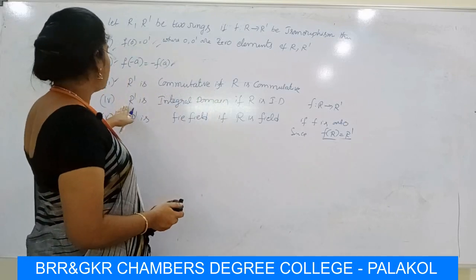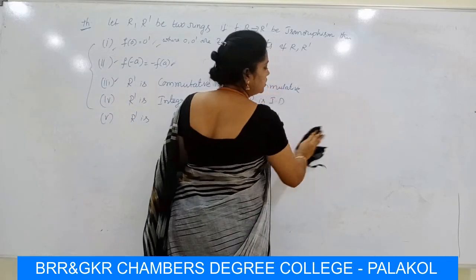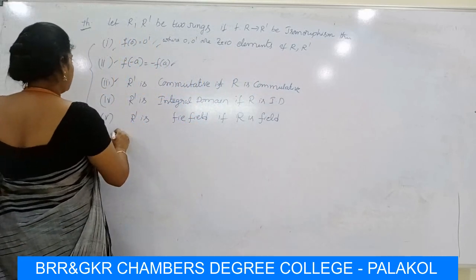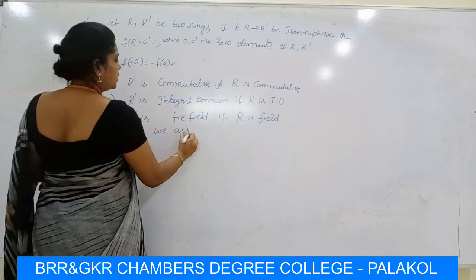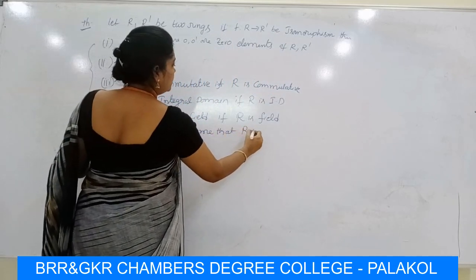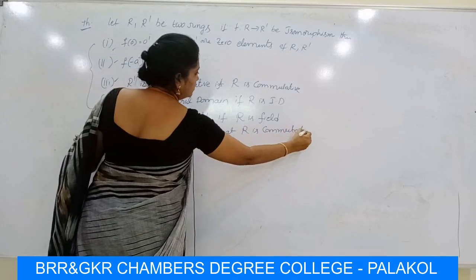In this, first one, R dash is an integral domain if R is an integral domain. So for the fourth one, we assume that R is a commutative ring.